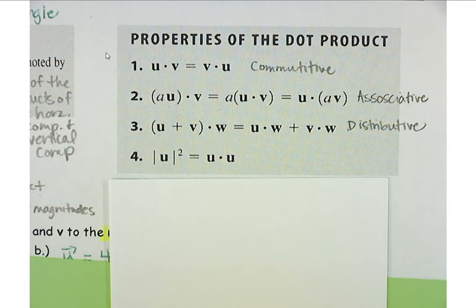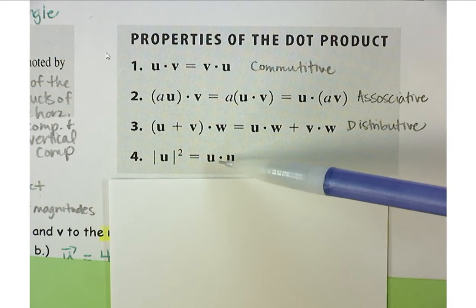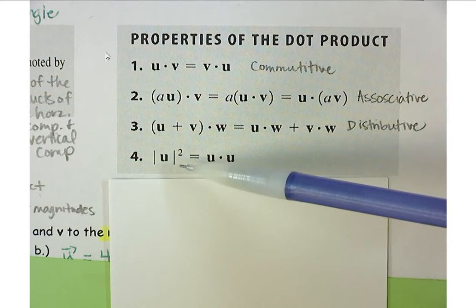Okay, the last one, you're really not going to use that much. But you do have the magnitude squared, which would be the same thing as the dot product of u and itself. Think about how that works, because when you're doing the magnitude, what's involved in finding the magnitude?